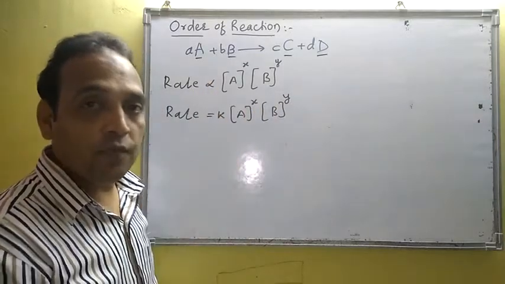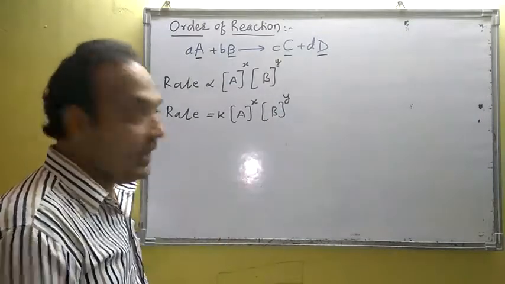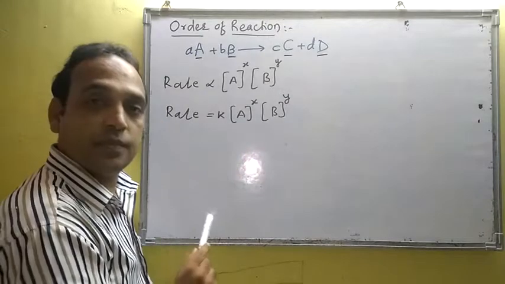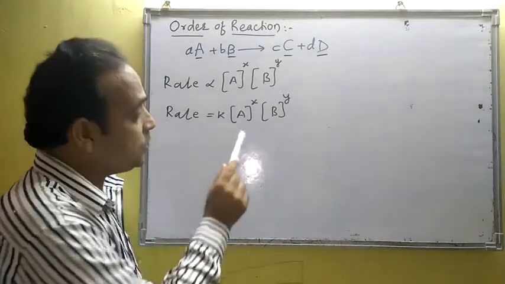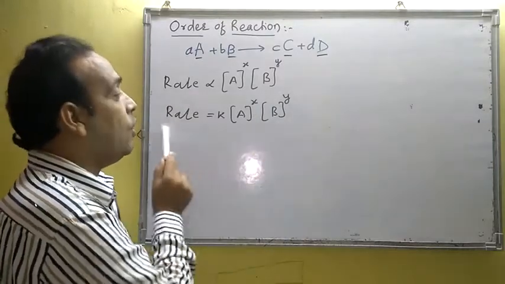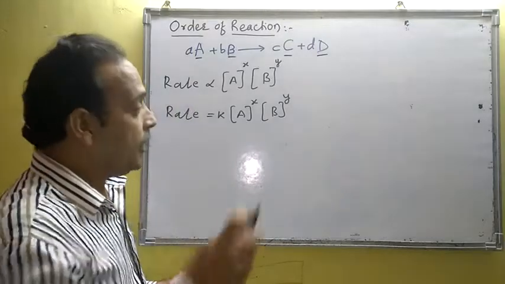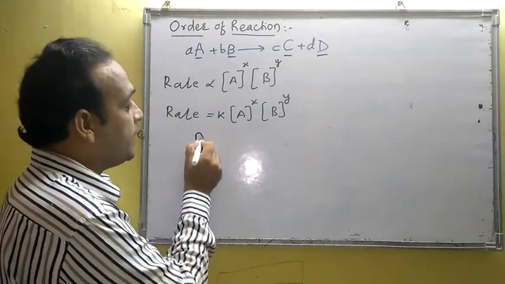And what is order of reaction? The sum of powers of concentration terms in the rate law expression is called the order of reaction. Order of reaction is represented by the symbol n.